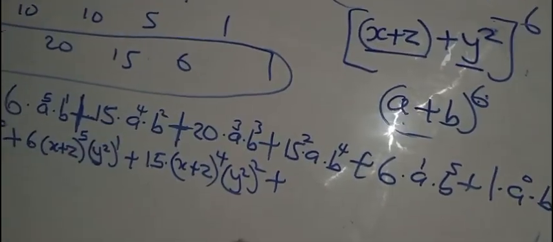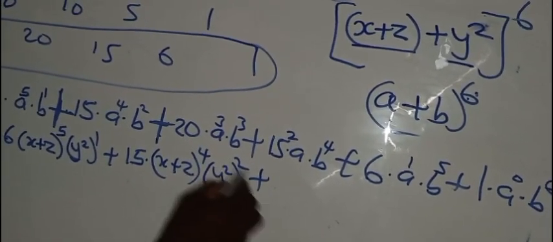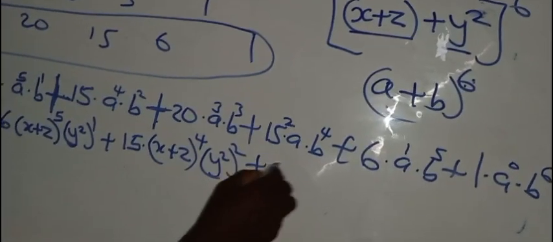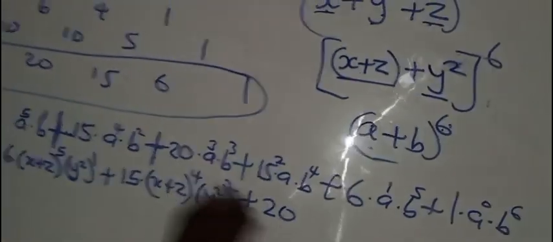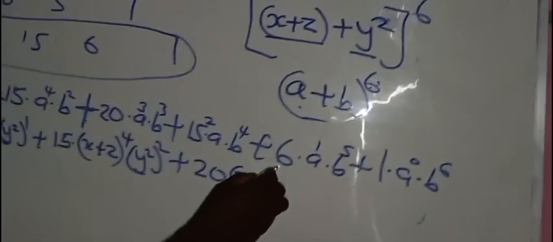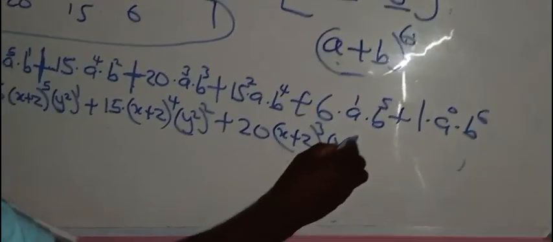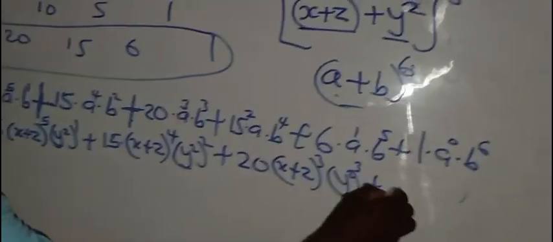Plus, look at this, the next one is 20 x plus z raised to power 3, then y squared 3. Plus you continue. Now see something. Look at what they say to find the coefficient.